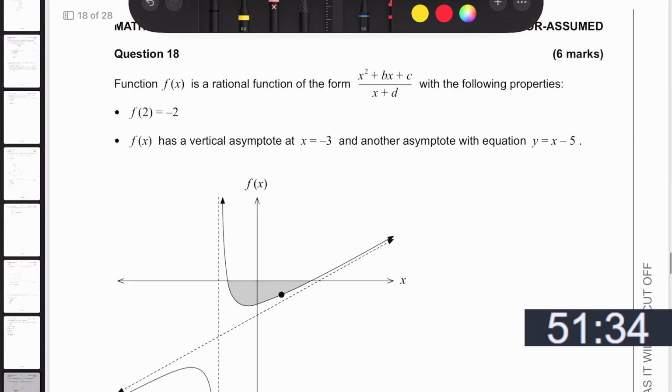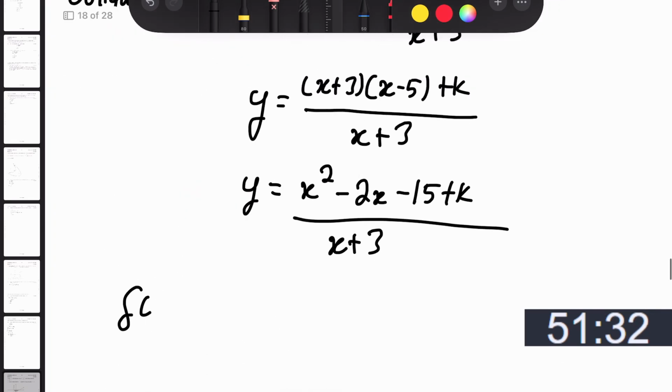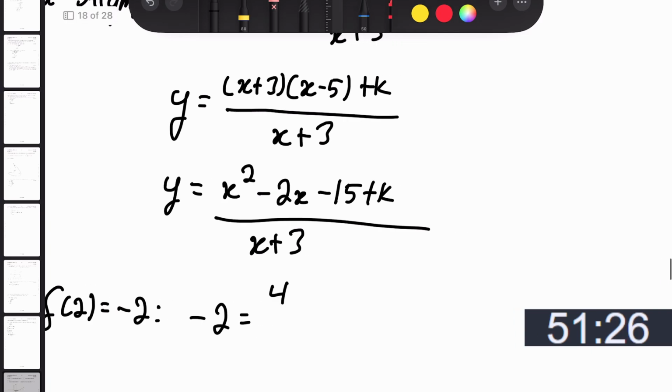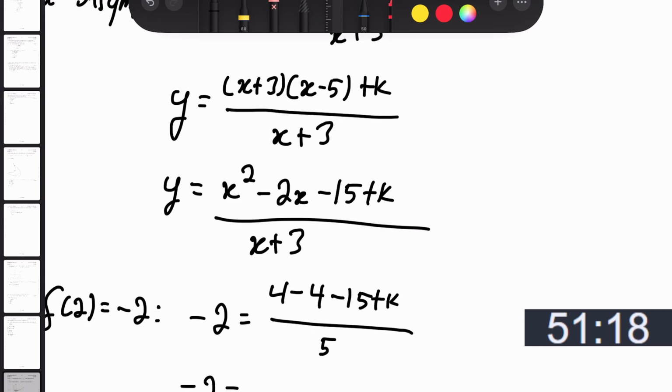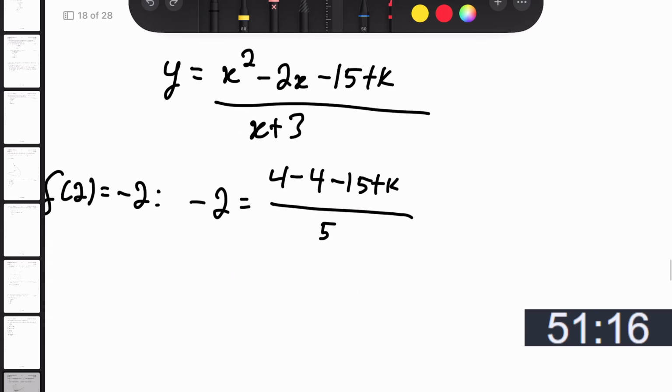And then we have that f of 2 is -2. So we have -2 is equal to 4 minus 4 minus 15 plus k, all on 5. So -10 is equal to 4 minus 4, which is 0, so -15 plus k.